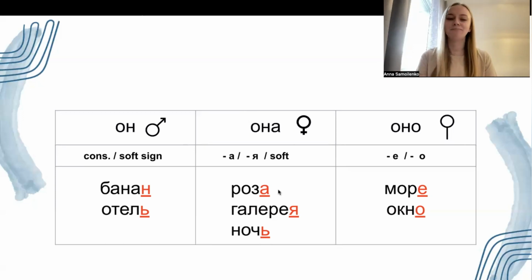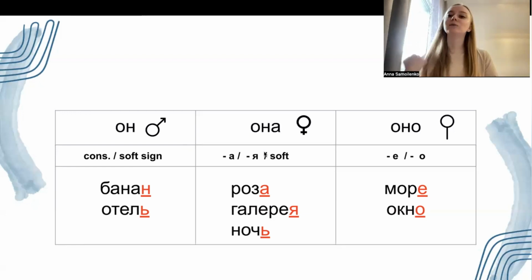The last letter is A, and A shows us that this is feminine gender. So we can conclude that A is feminine. It can be the word mama, mother, and other words.